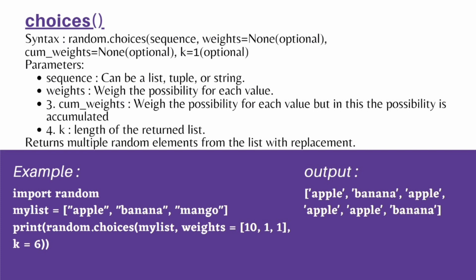Weights: the possibility for each value. Cum_weights: the possibility for each value, but in this the possibilities are accumulated. K: length of the returned list. Returns multiple random elements from the list with replacement.